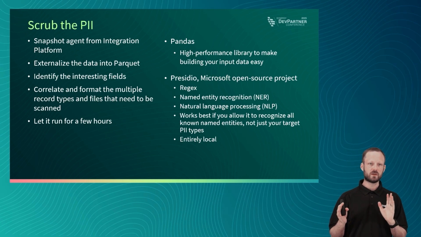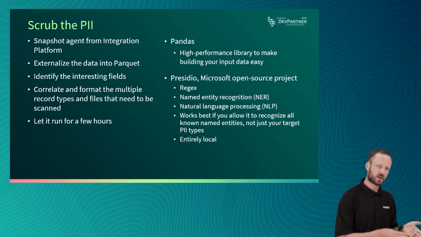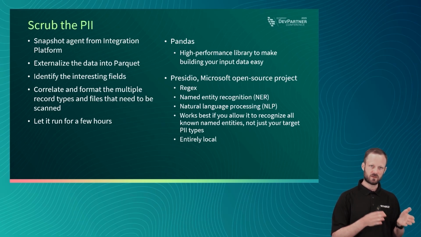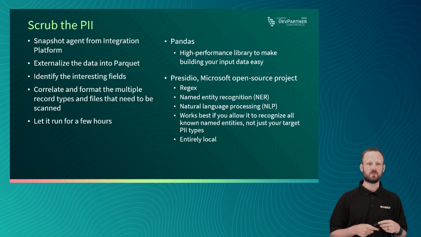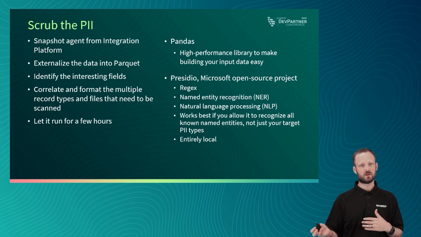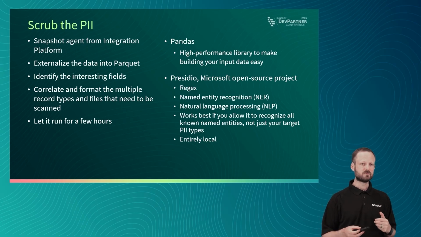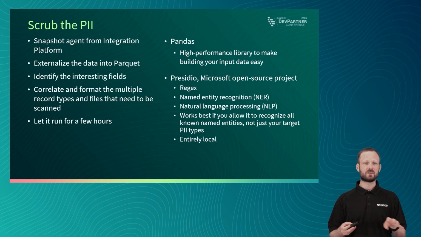So we take a snapshot using the snapshot agent from the integration platform that produces standard Parquet files for the data that we care about. So now we have it in our standard format. We then identify the interesting fields.